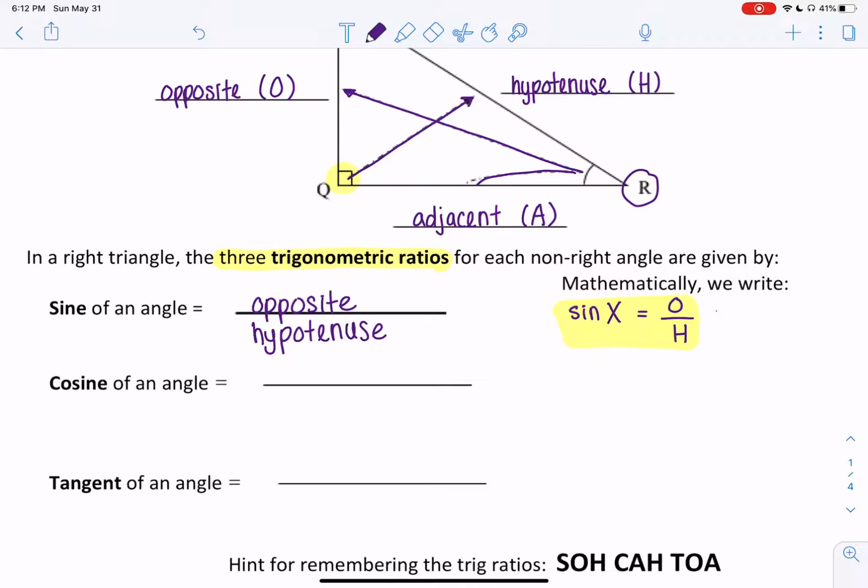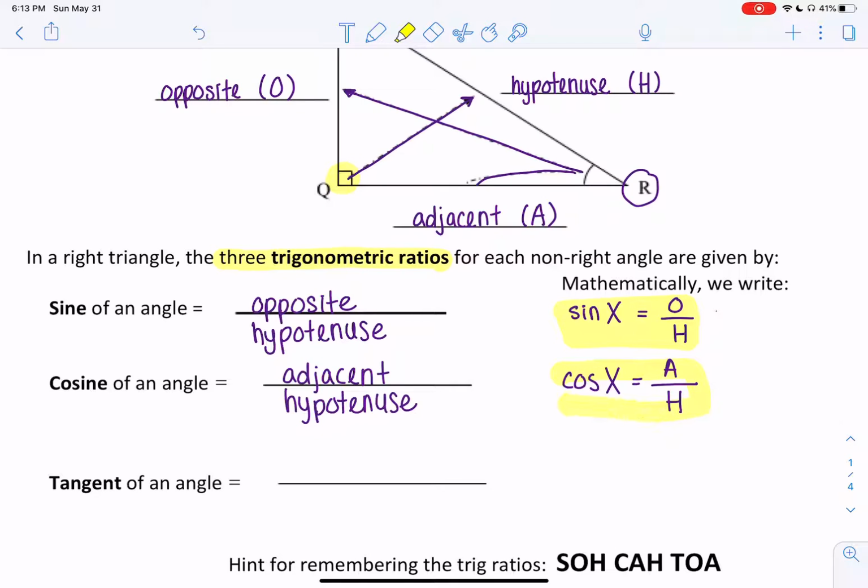The next one is the cosine of our angle, and the cosine of an angle is equal to the length of the adjacent side over the hypotenuse. As an equation, the cos of our angle is equal to my adjacent side over my hypotenuse.